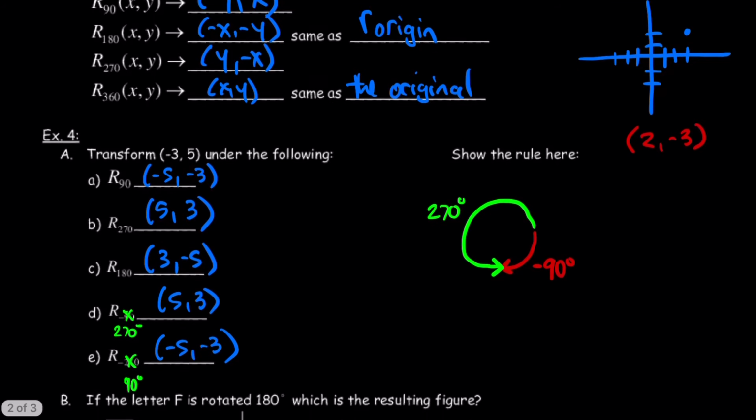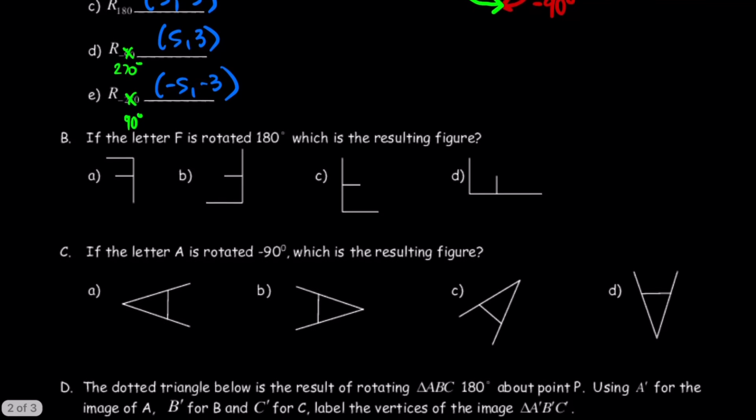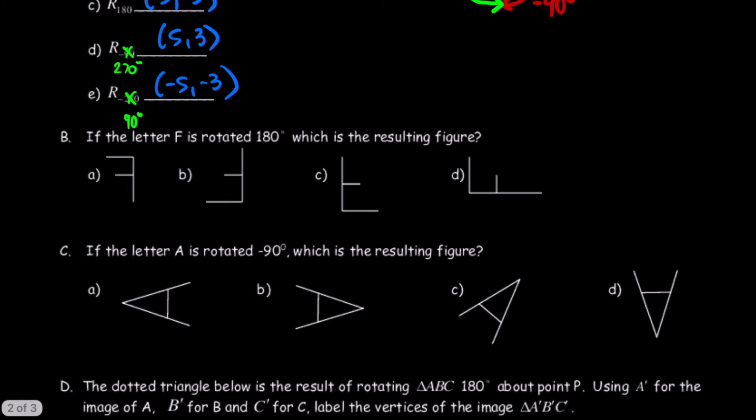Okay, next example. It says if the letter F is rotated 180 degrees, which is the resulting figure. So here's how I would handle this. I would actually take my paper, write down the letter F, and then turn my paper upside down.